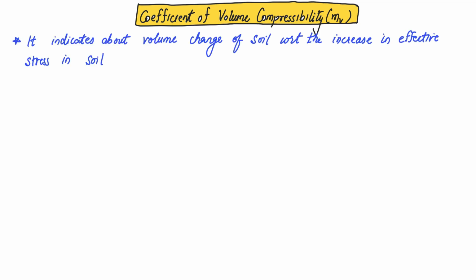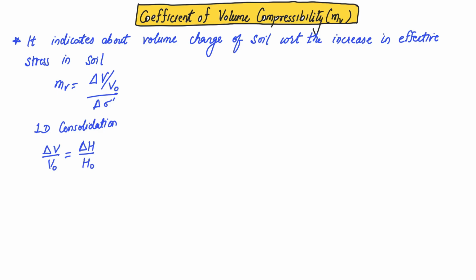If you want to define it mathematically, you can simply say that it is the volumetric strain, that is, the change in volume with respect to the original volume, per unit change in the effective stress. Now, if you remember, for 1D consolidation the soil is one dimensional, and the volumetric strain, delta V by V naught, is nothing but the strain in the vertical direction, that is, delta H upon H naught.